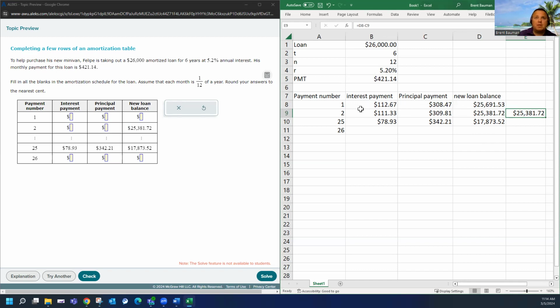Okay. Let's move on. And now it jumps down to month 25 or payment 25 to show you what's happening, what's a little different. So now notice in the 25th payment, look at how low the interest has gotten. And look at your actual payment on the principal, how it's increased.